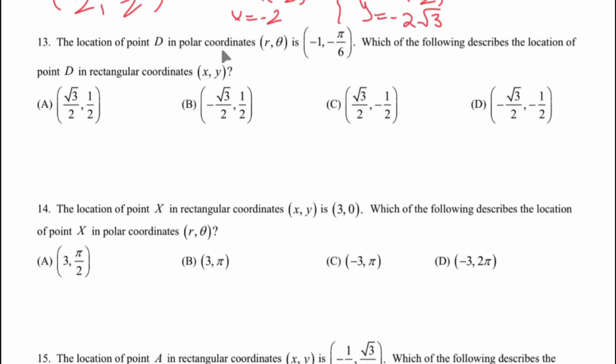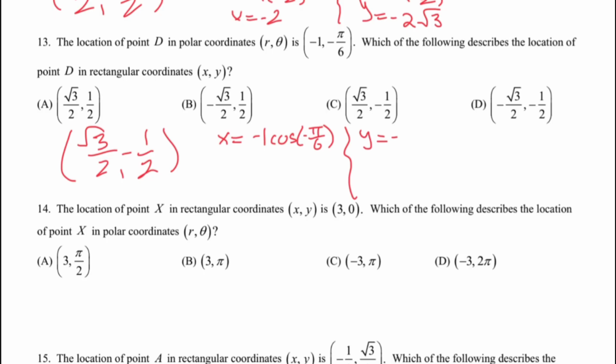Now we have negative pi over 6, which is 11 pi over 6. And pi over 6s, they always look like this. But because I know it's in quadrant 4, the y value will be negative. So x is equal to negative 1 cosine of negative pi over 6.